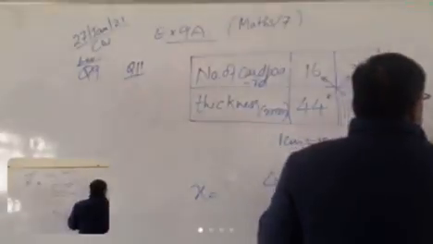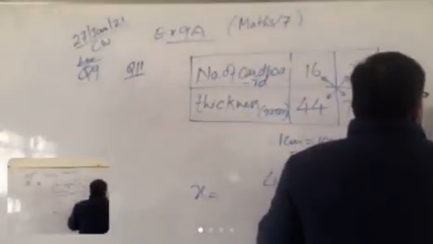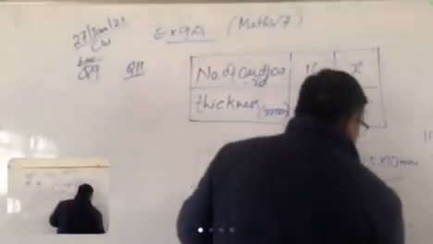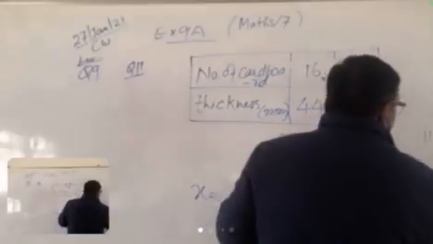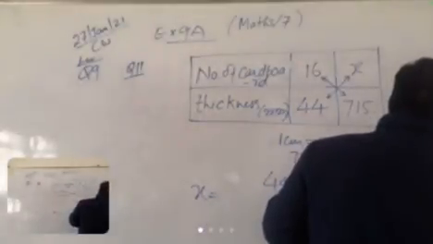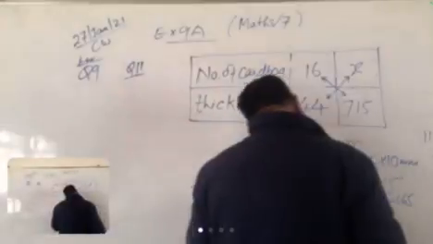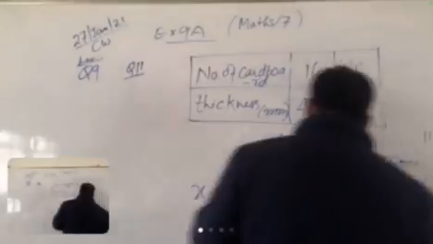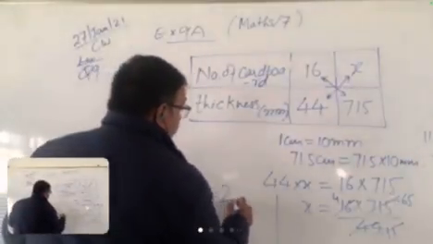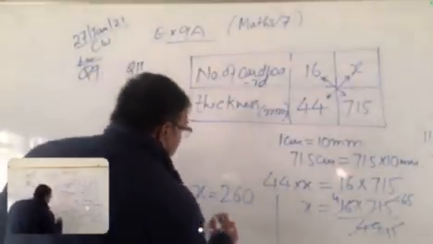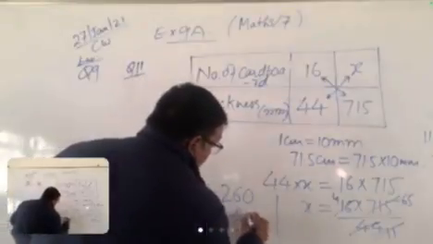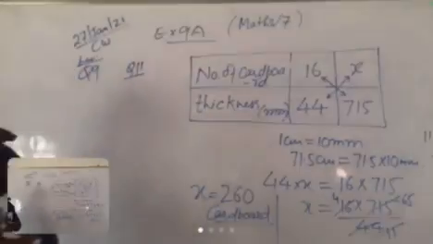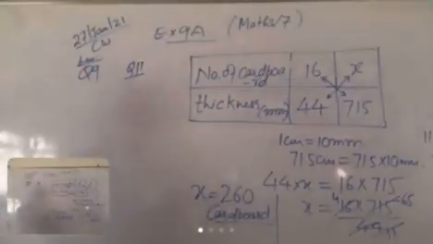Now 715 divide by 11. So it will be 65. 65 fours is what? So x is equal to 260. 260 cardboard.